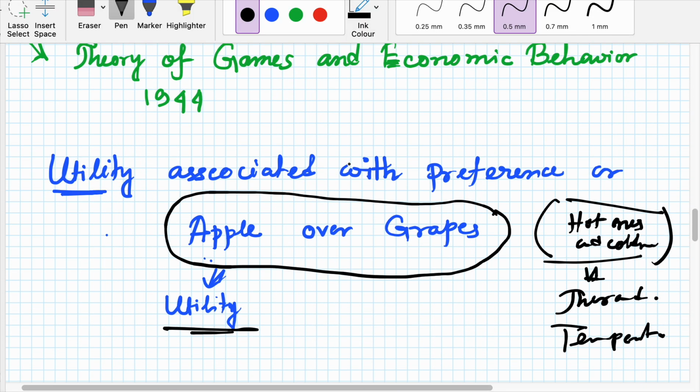Now, what is utility? As we said in the previous class, the concept of utility is derived in the book Theory of Games and Economic Behavior by von Neumann and Morgenstern.